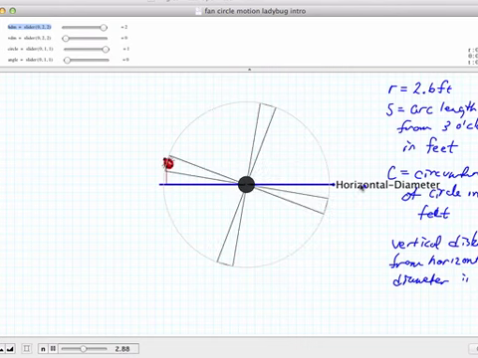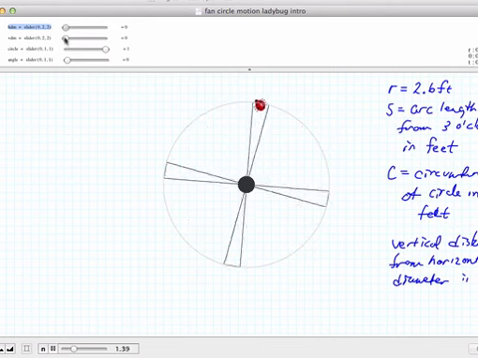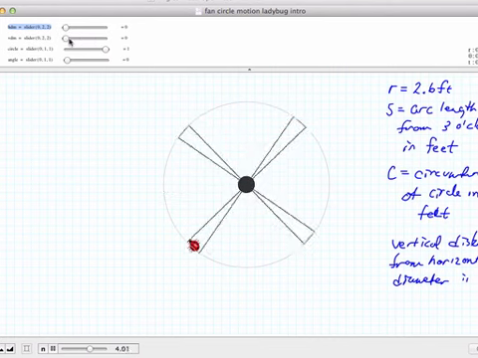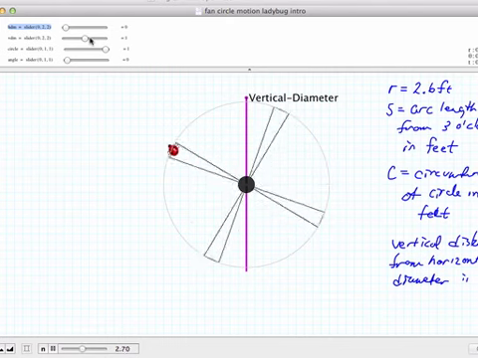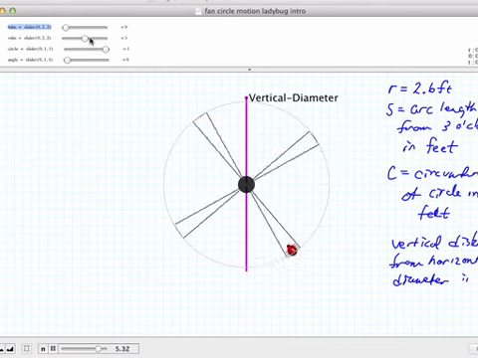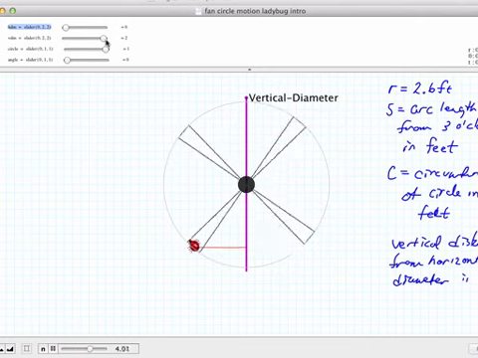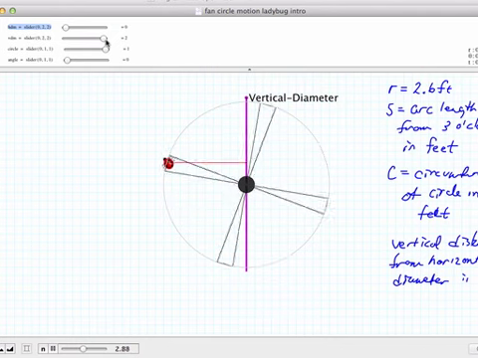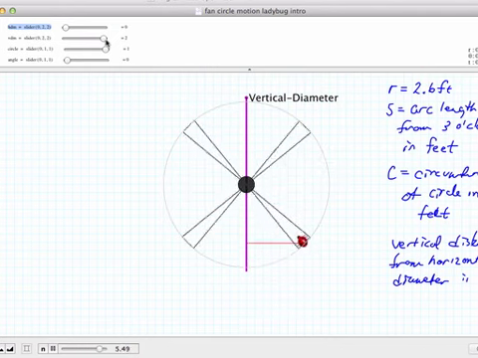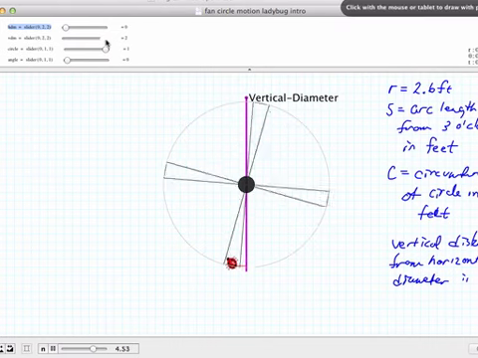Okay, similarly, what else could we do? Yeah, so we could have what's called the vertical diameter. And we could monitor what? Yeah, the horizontal distance. Now, in this vertical distance, I should have said the horizontal distance, not from, but above. I should have said above.